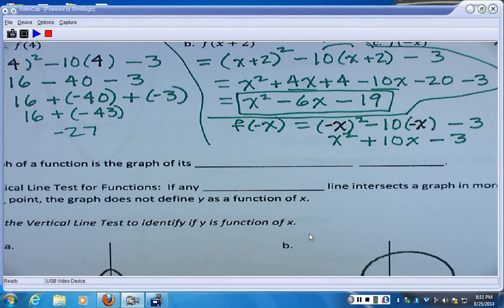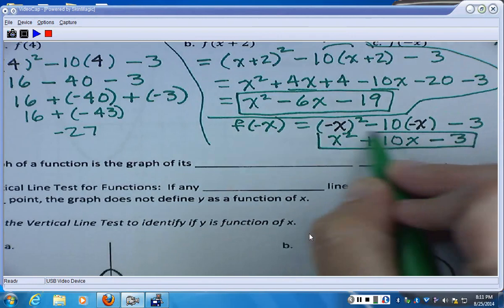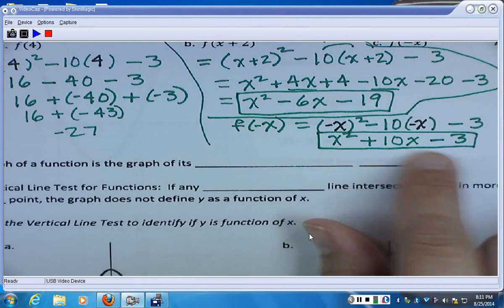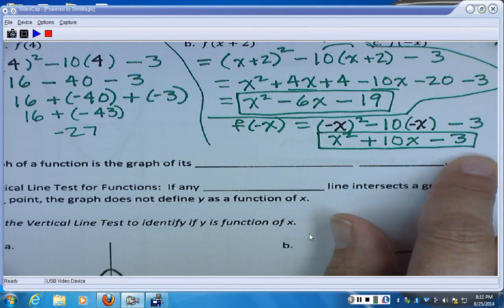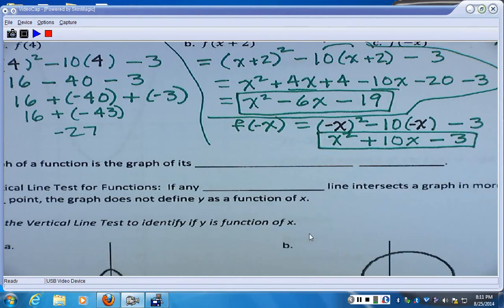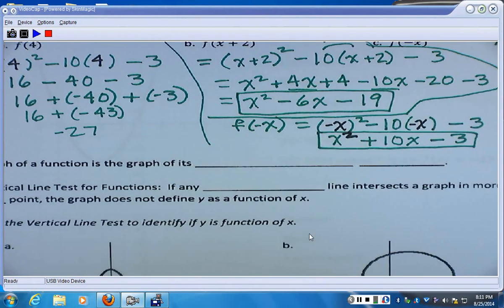You still have x squared? Yeah. That's the answer: x squared plus 10x minus 3. It would just be x, where this is a squared. Can you see the squared? If you squared negative x, would it not be just positive x? No. You get x squared.